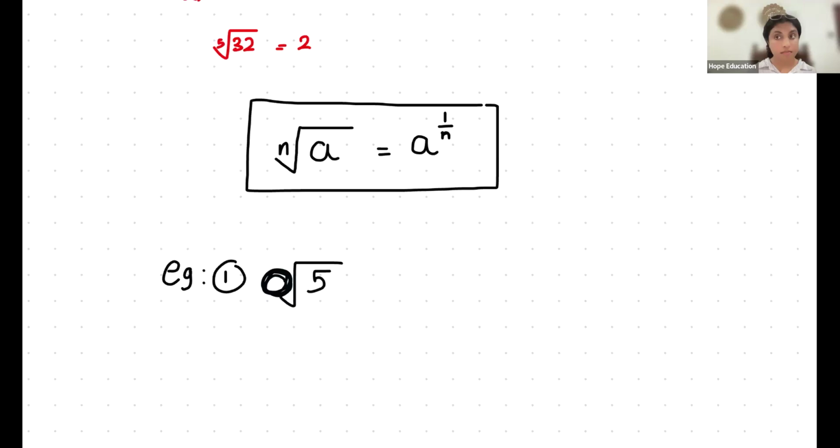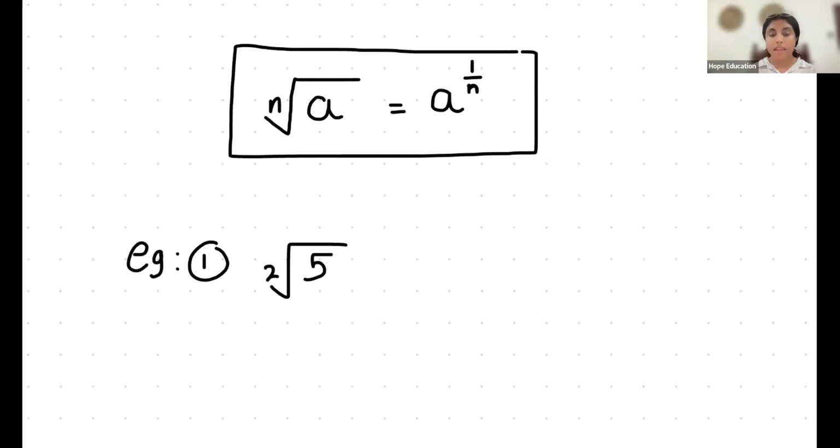If it's square root of 5, what is the number that comes there? If it's square root of 5, the number that should be here is 2, right? We just don't write it.